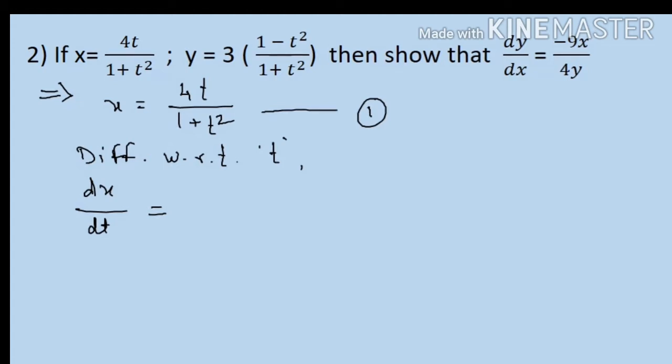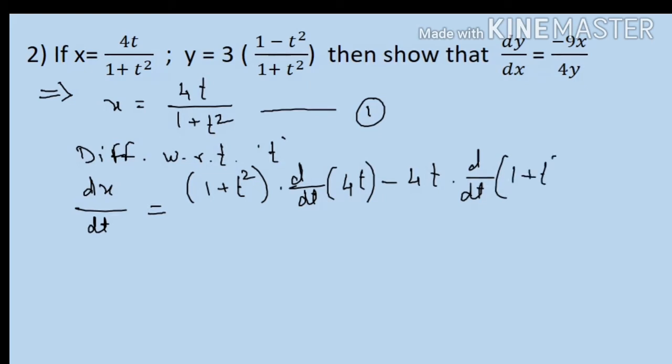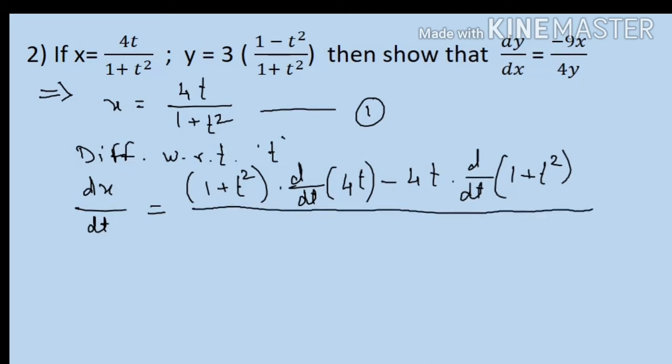You will get 1 plus t square into d dt of 4t minus 4t into d dt of 1 plus t square upon v square, that is 1 plus t square the whole square.